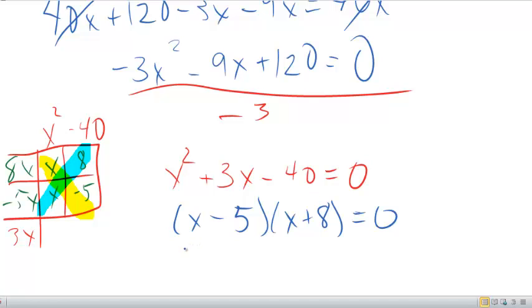Now I'm going to set them both equal to 0. So x equals 5 and x equals negative 8. Since I am talking about people, I am going to discard the negative solution. So my answer is going to be 5.